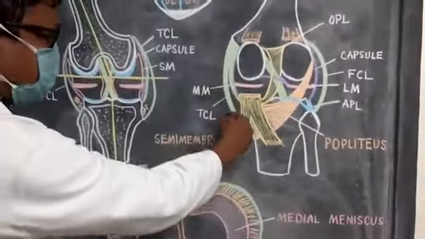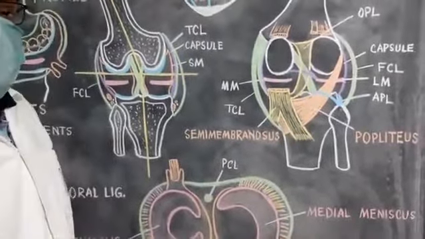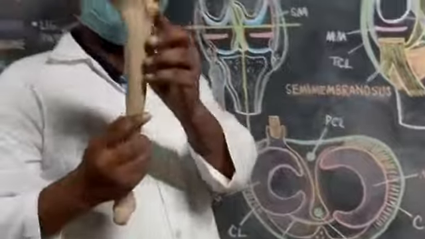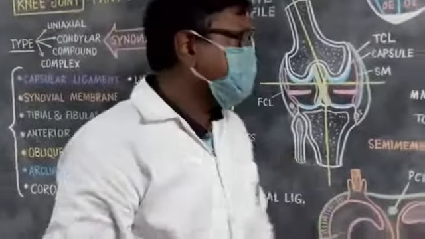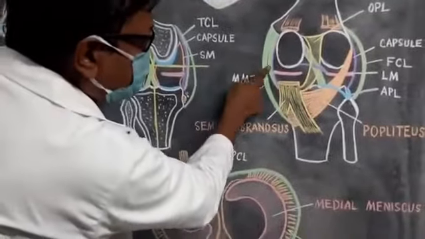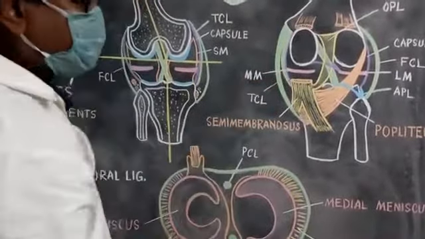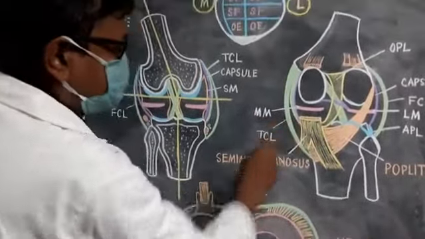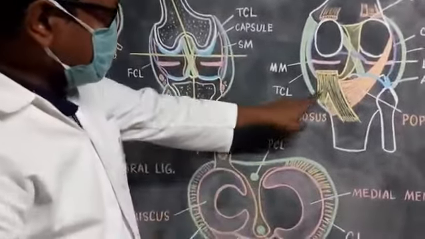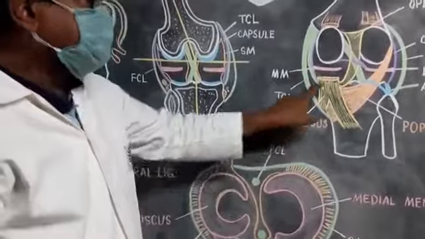The superficial stratum is attached to the upper part of the medial border and adjoining medial surface of the tibia, but the deep stratum intimately blends with the capsular ligament and is attached to the groove in the upper margin of the tibia for the semimembranosus muscle.